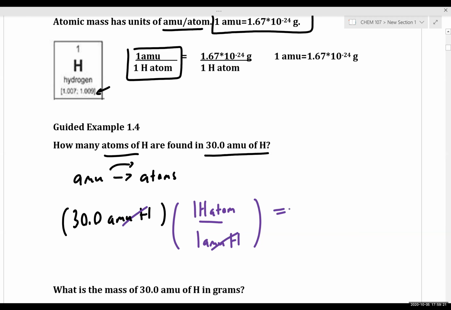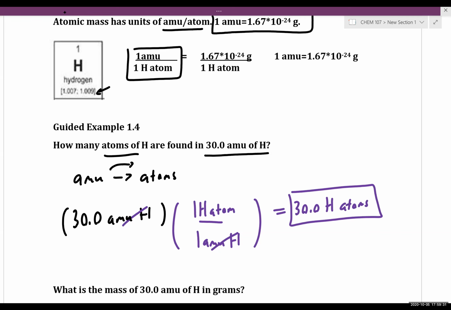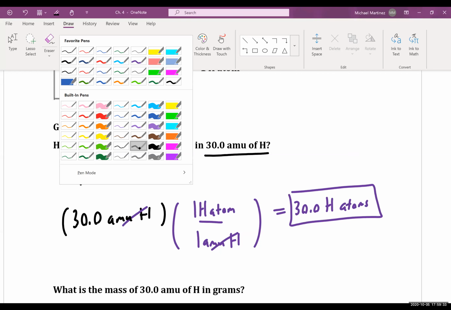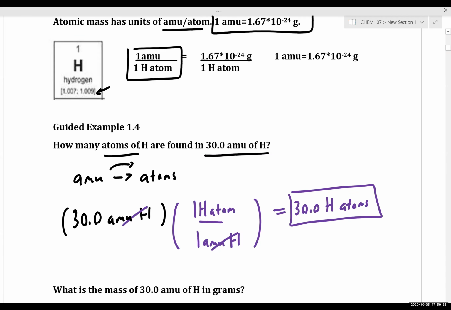AMUs cancel, and we're left with 30.0 hydrogen atoms. Does this make sense to everyone? Again, we're using the same logic of unit conversions.